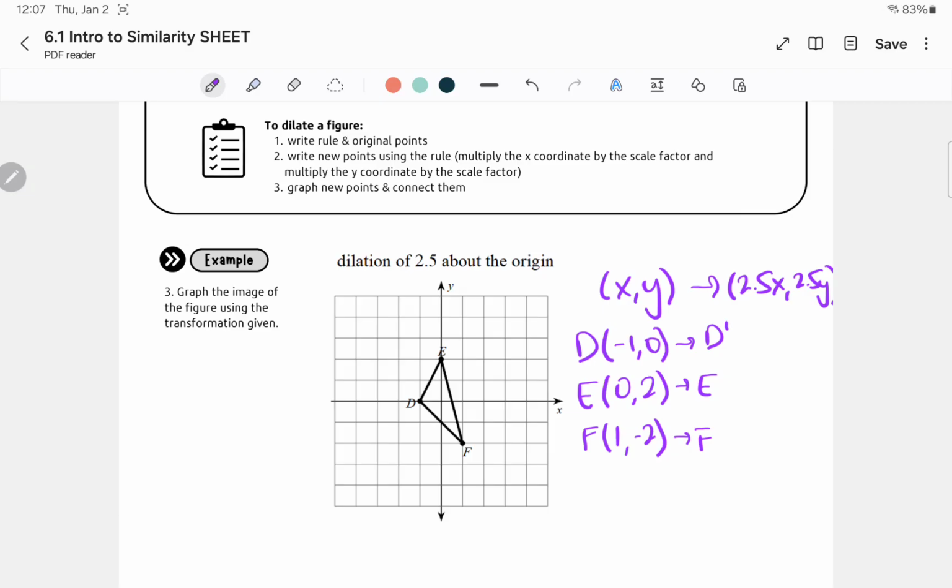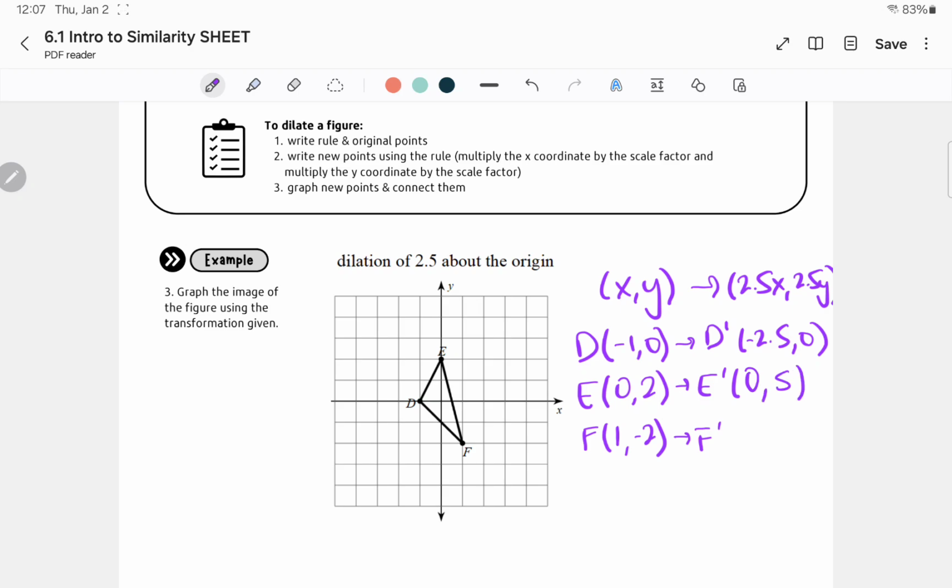And so our new points, make sure you have that tick mark. Remember D prime. I don't know if you remember this from a long time ago, but we use these little tick marks to show that's the new point. So -1 times 2.5 is just -2.5. And 0 times 2.5 is just 0. Then 2 times 2.5 is 5.